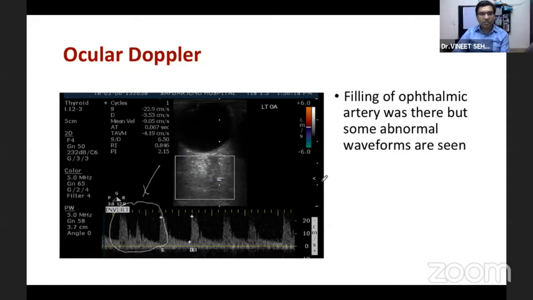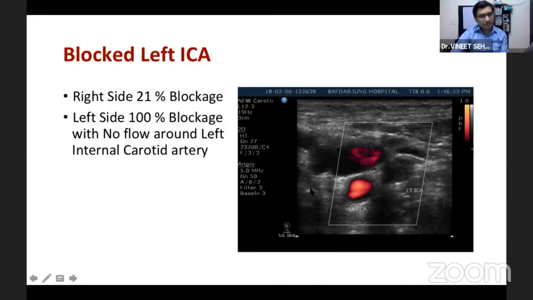So I got a call from Dr. Aanchal, and then we went ahead with the carotid Doppler also. So see, from the ocular Doppler, we got some hint that there is something abnormal going on, and we went ahead with the patient with a carotid Doppler also, and we saw that there is a 100% blockage. Now this was not detected earlier.